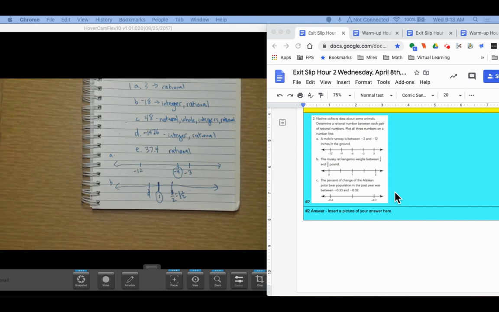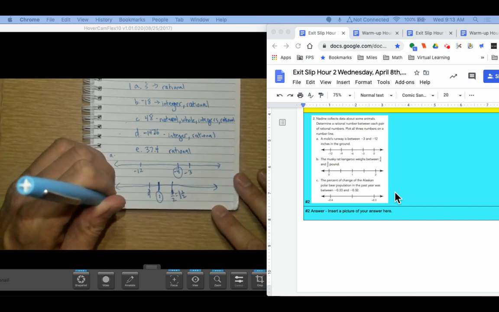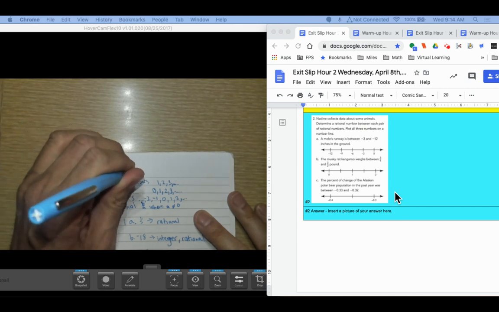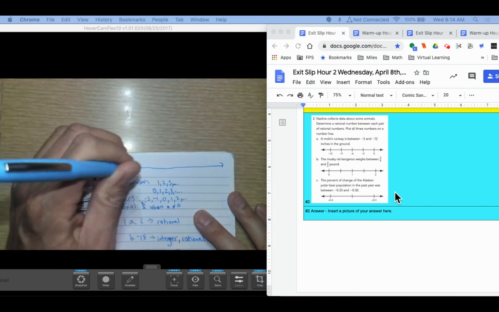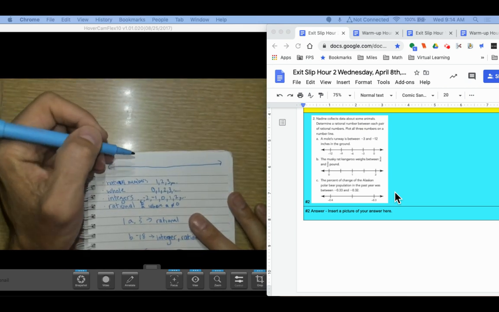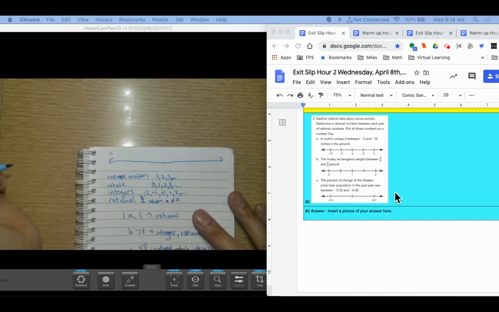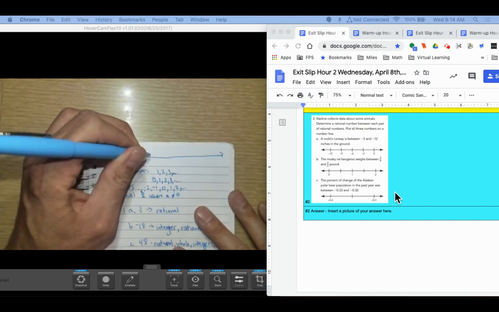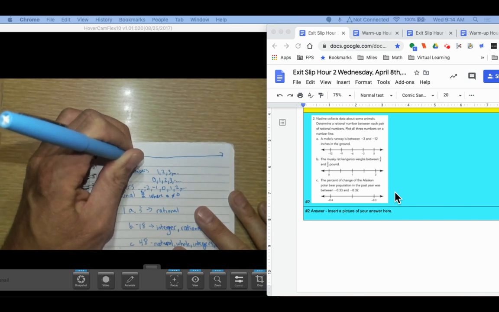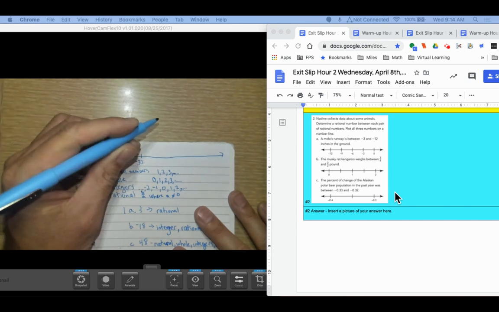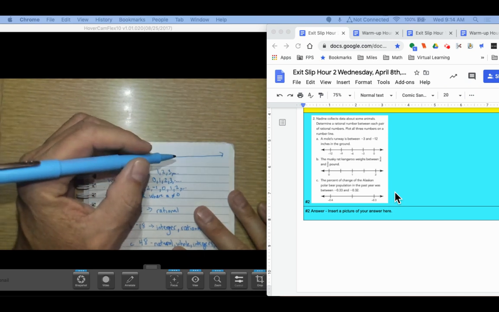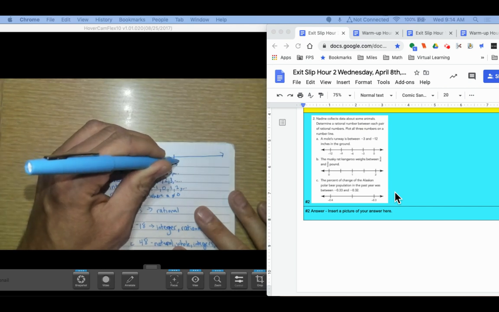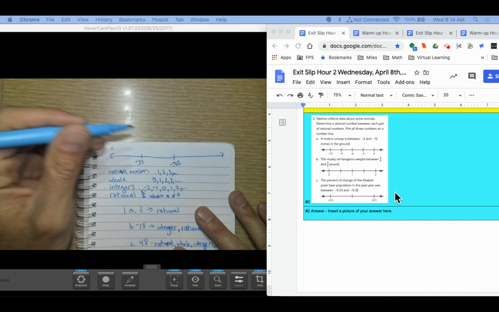Okay. Then, I don't have room. I'll put it up at the top. For C, the percent of change in the Alaskan polar bear population in the past year was between -33 hundredths and -32 hundredths.